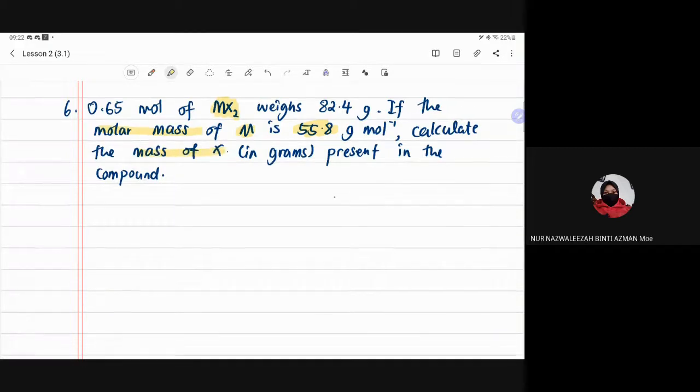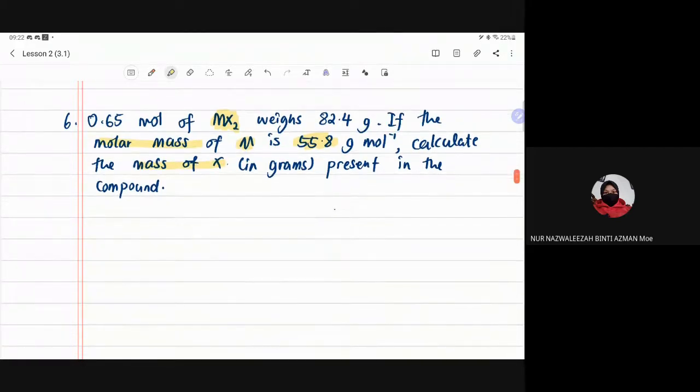Okay. Now, ini susah sikit. So first of all, dalam soalan macam ni, dia bagi bilangan mole untuk compound. From here, we can find the molar mass of the compound, the molar mass of MX2.